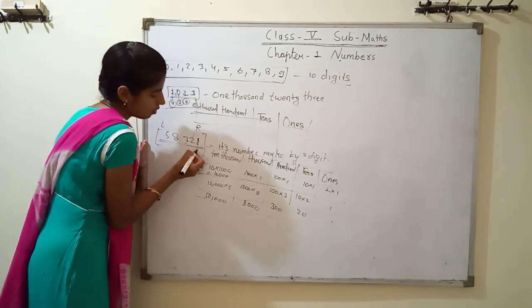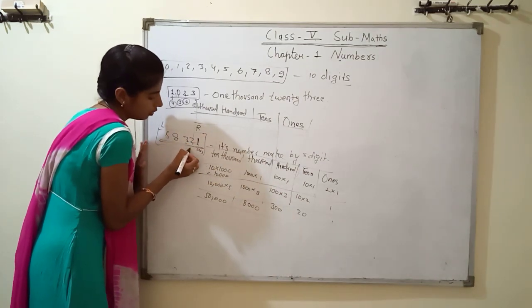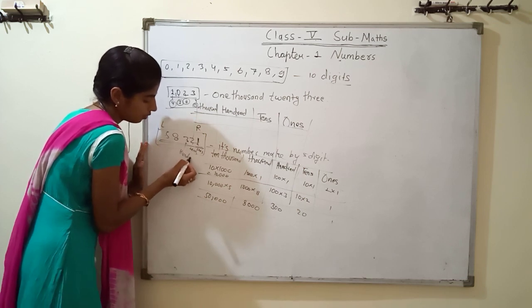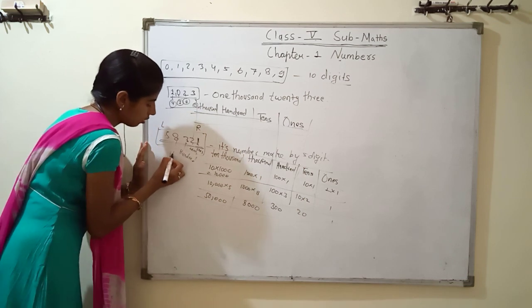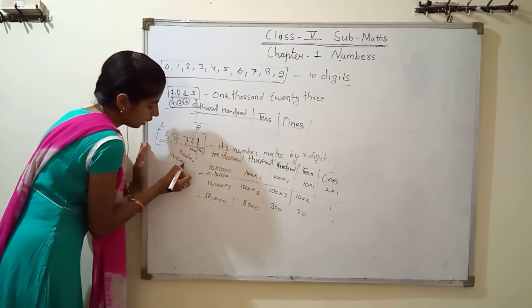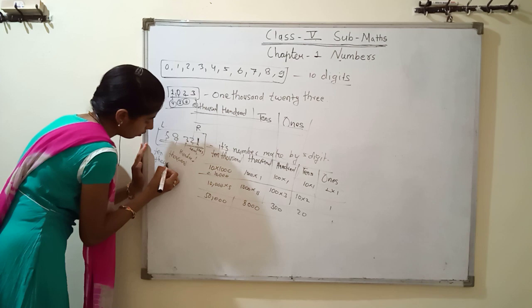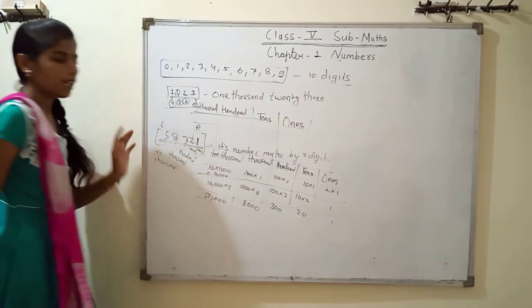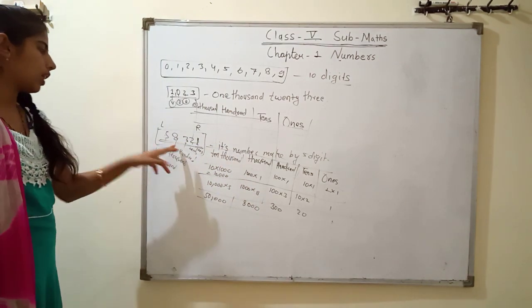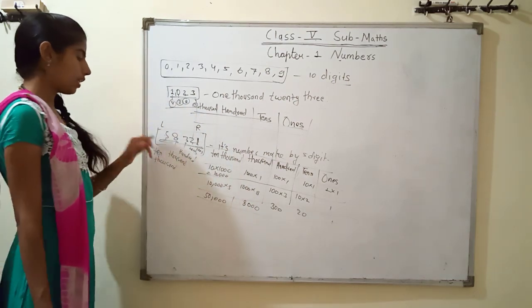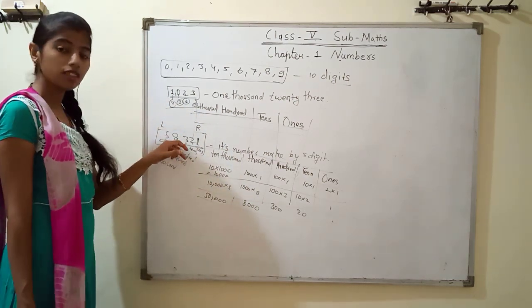First is the ones, then tens, then 100, then 1000, and then 10,000. One more thing: 10,000 and 1,000 are read together. Then we can say 58.